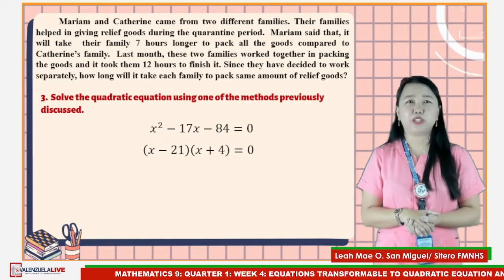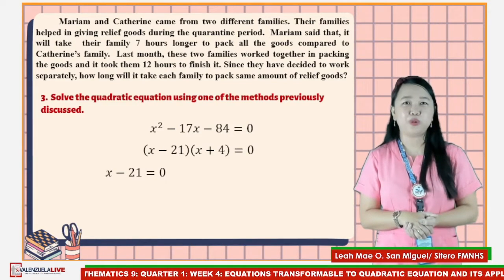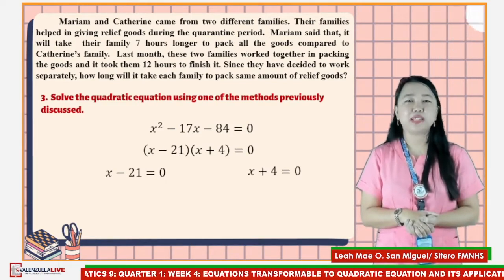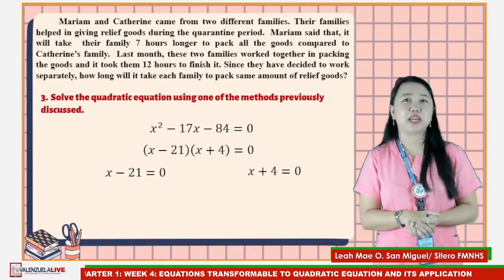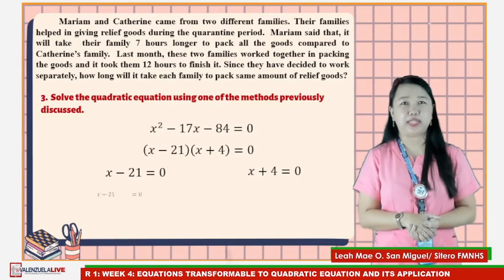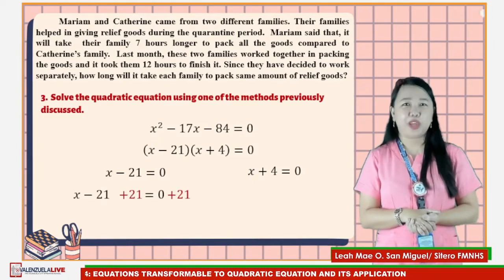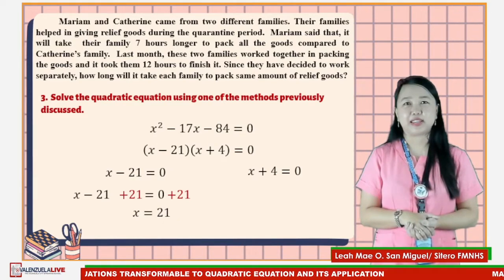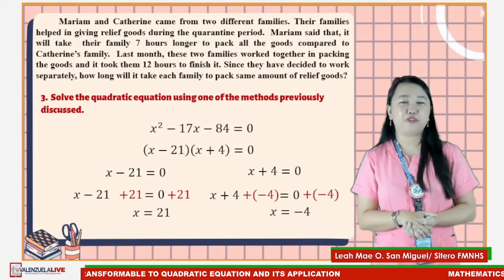Equating each binomial to 0, x minus 21 is equal to 0, and x plus 4 is equal to 0. Solving each equation by using addition property of equality, one value of x is 21. The other value of x is negative 4.